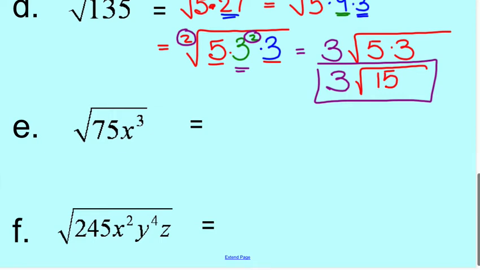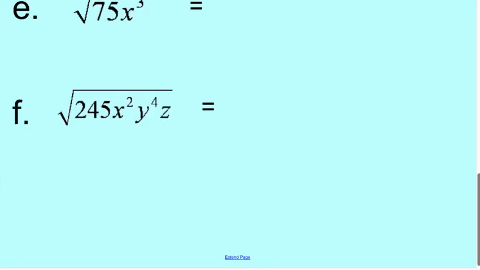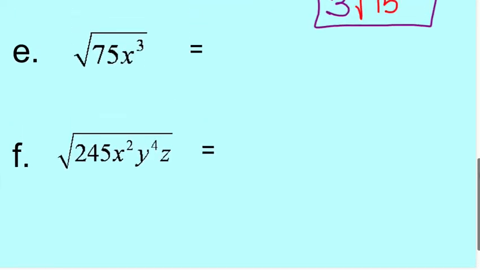All right, now I'm going to add some variables in for you. So let's break apart 75, the square root of 75. 75 is not a perfect square, so I'm going to break it apart as 3 times 25, and then x cubed.